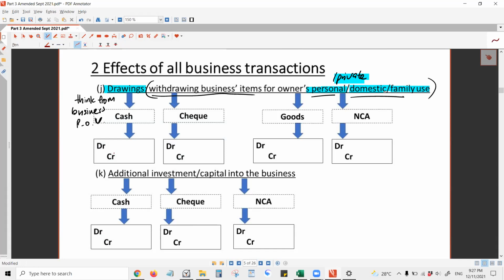It's kind of like cash and bank. When you have less cash or you have less money in the bank, you will credit the cash or bank, right? Here is the same concept. Something is getting out of the business, you should do credit entry first. So there are some things here that you can take out of the business. You may take cash out of the business. You may take check out of the business. Take check out of the business means you take the business money from the bank, okay, for personal use.